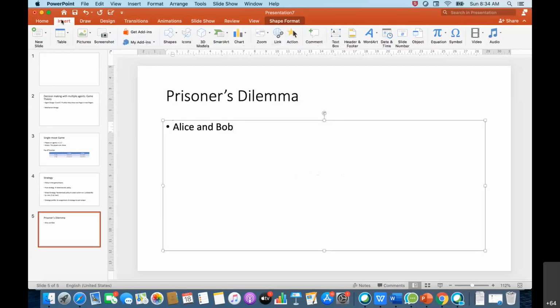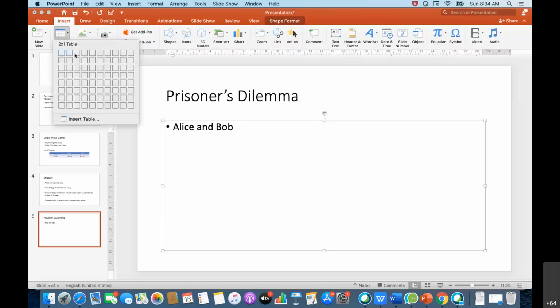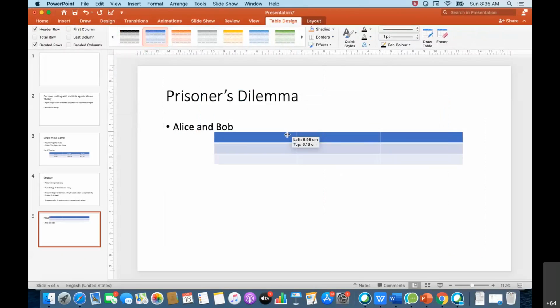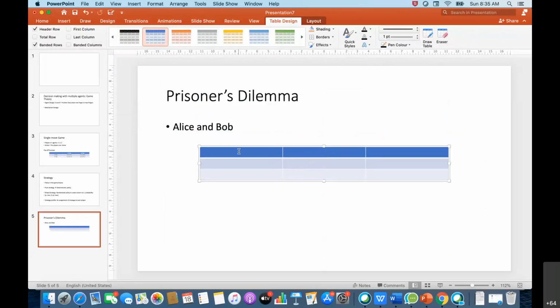What are the rewards? The rewards can be described as follows.